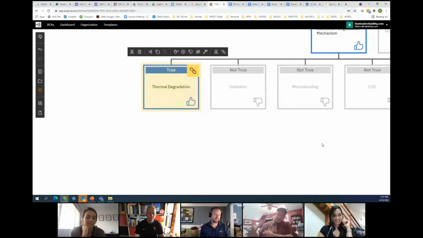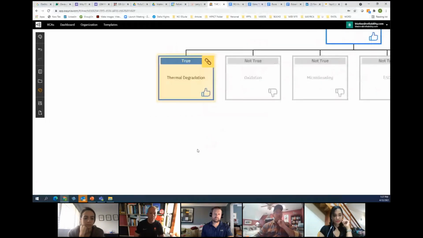Because people looking at this, visually digesting it, should be able to read a story based on the colors, the line, whether it's perforated or not, and whether there are paper clips. Okay, if I'm coming down thermal degradation, my question is going to be how could, and my possibilities are what?